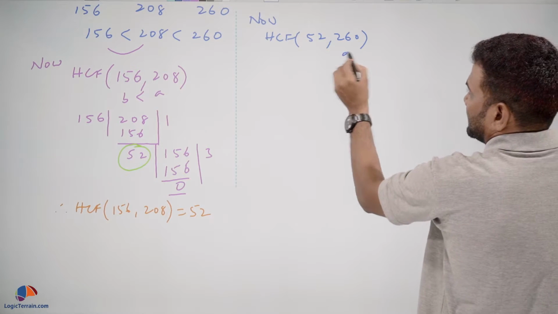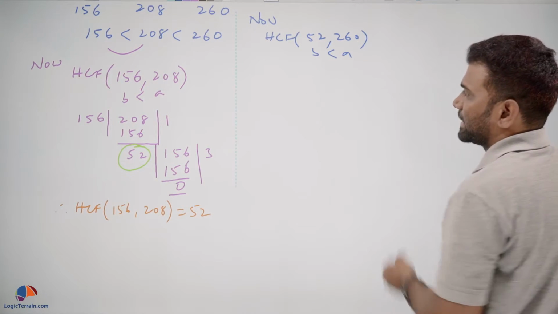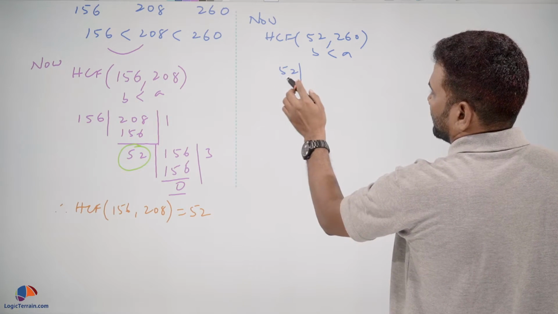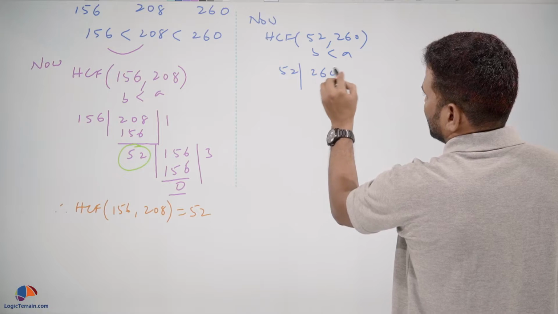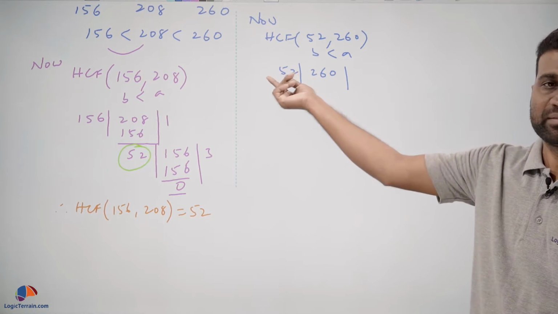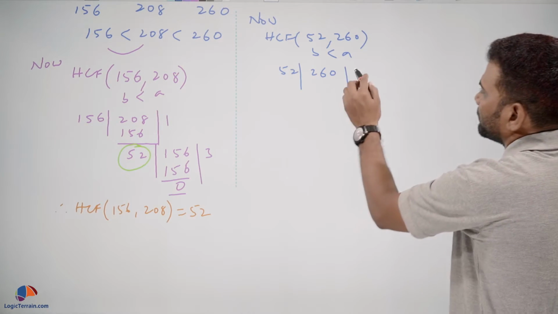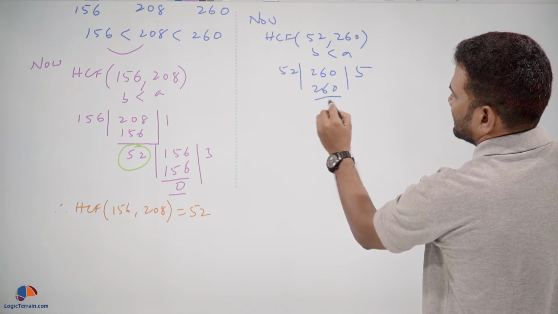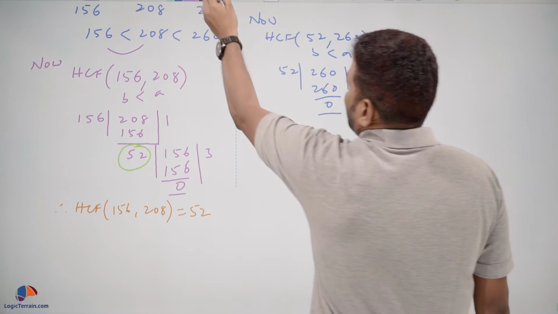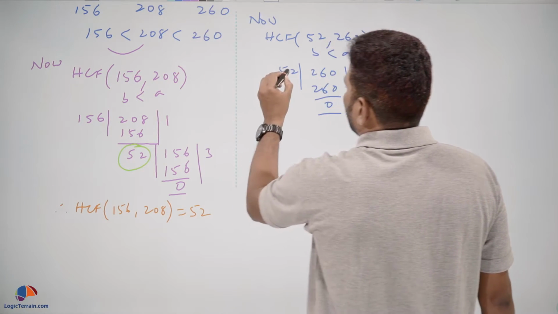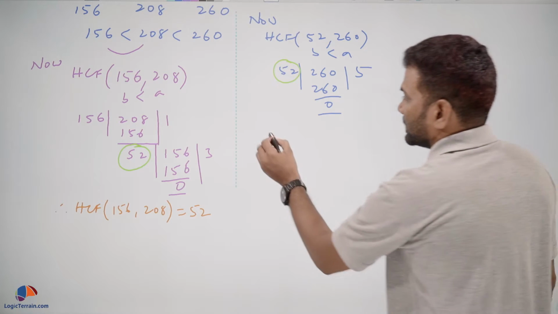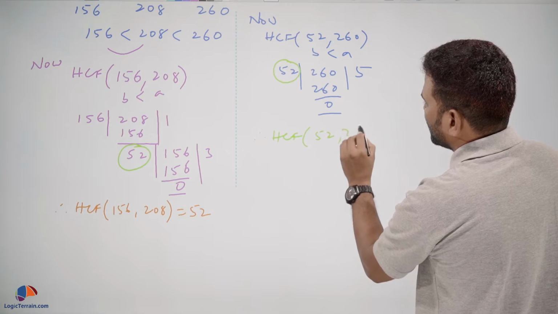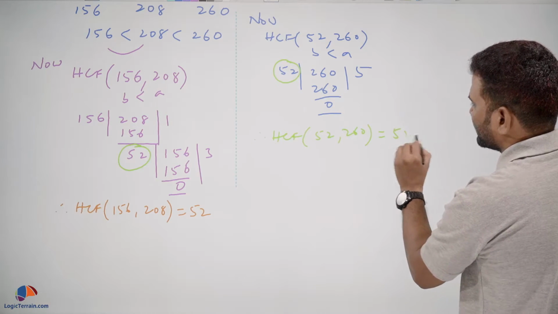Again, let this be A and this be B, A is greater than B. Divide 260 by 52. 52 fives are 260. So the remainder is 0. Therefore the HCF of 52 and 260 is 52.